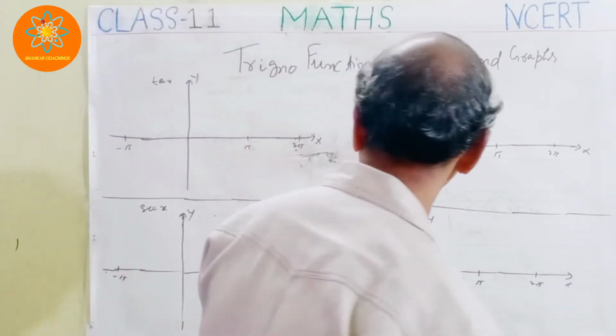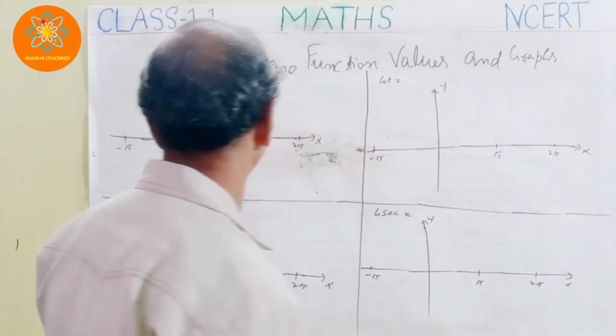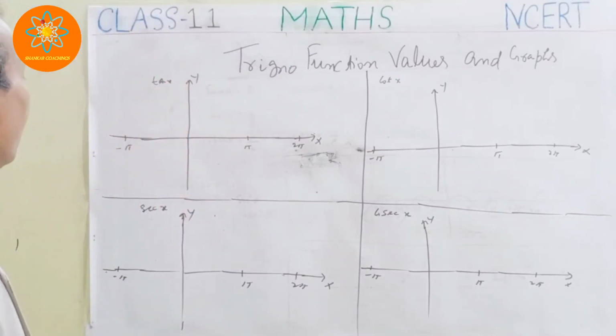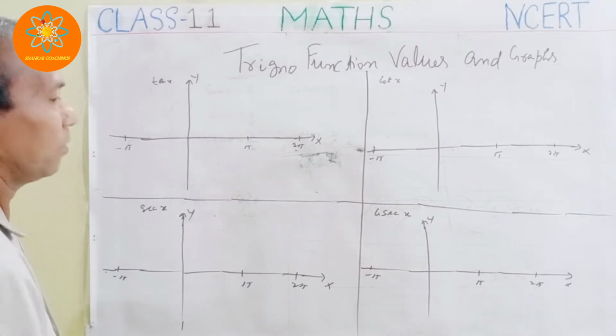See, tan x is there. It is given. Tan x means what? Tan x means sin x by cos x. So sin by cos is there. Cos x is not equal to 0.